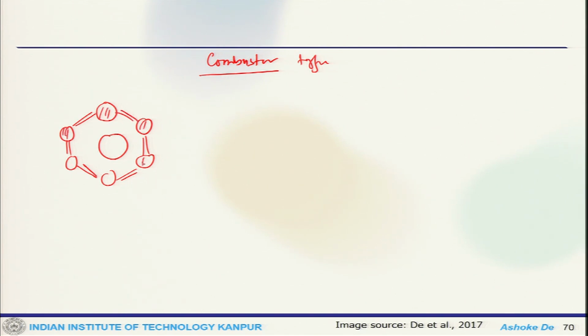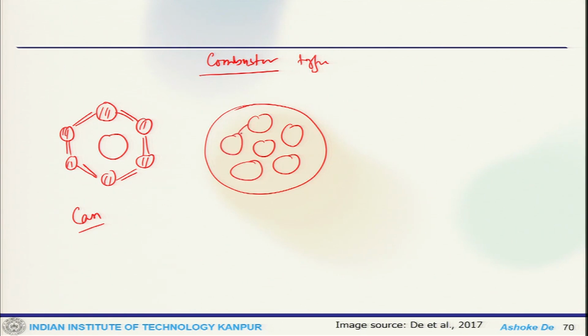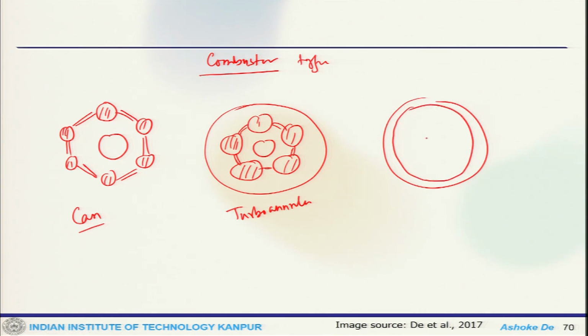This is called, or is some schematic of, a can combustor, or you can have something like this which is called turbo annular, or one can have some simple, this is an annular combustor.